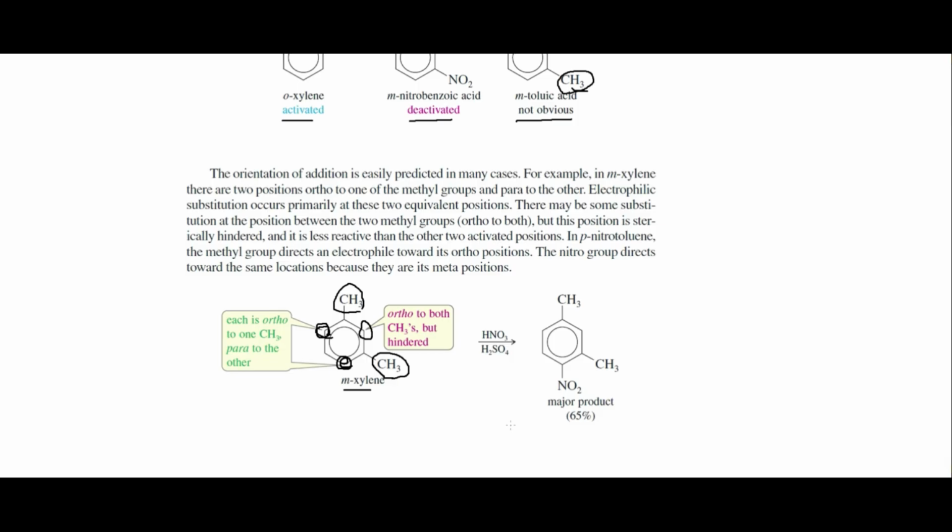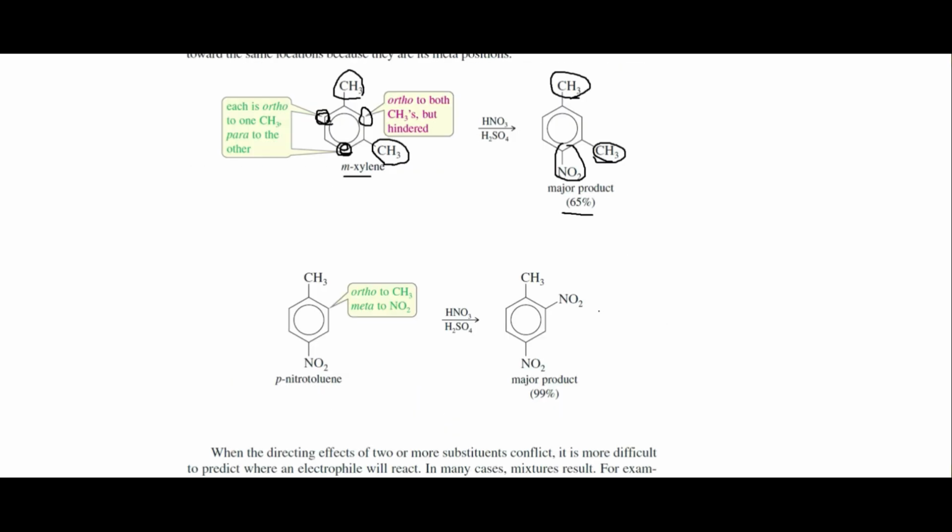So when we do a reaction, we'll get something like this as the major product, where we now add this group right here, which is ortho to this group and para to this group right here. So that's going to be the major product in that one. Whereas if we have something like this, now we see that this carbon right here and this carbon right here are going to be ortho to this ortho-para director, but also meta to this meta director right here.